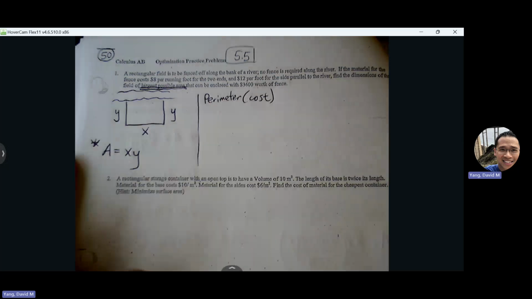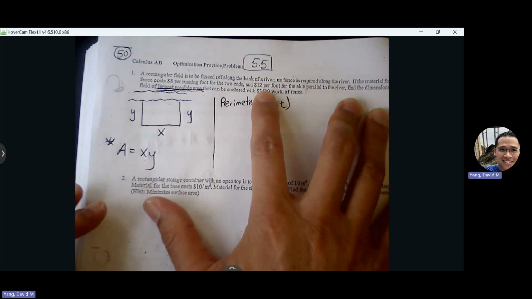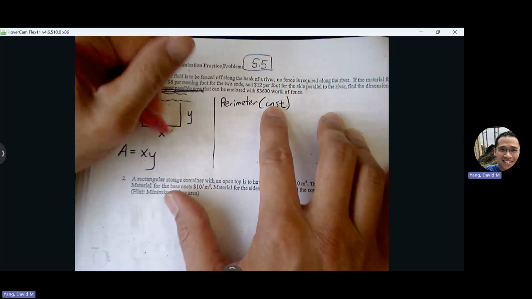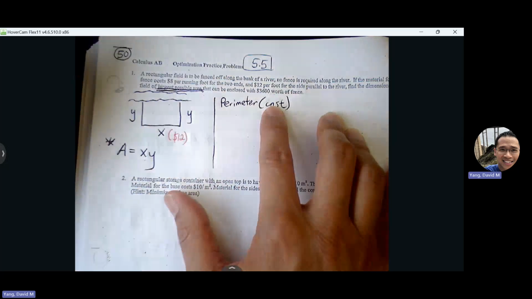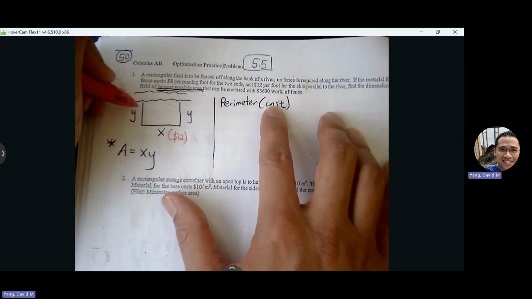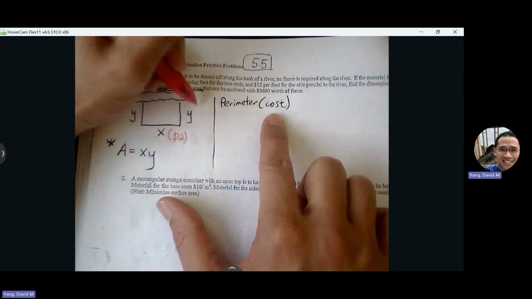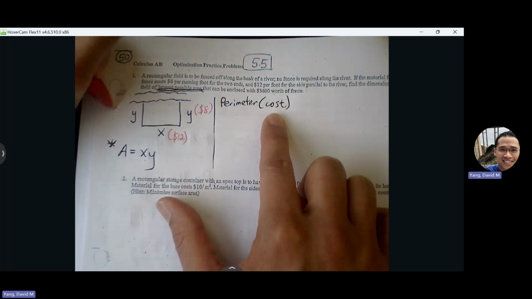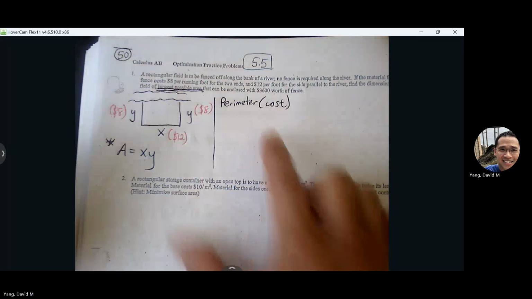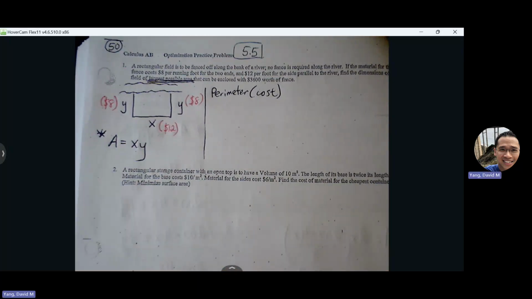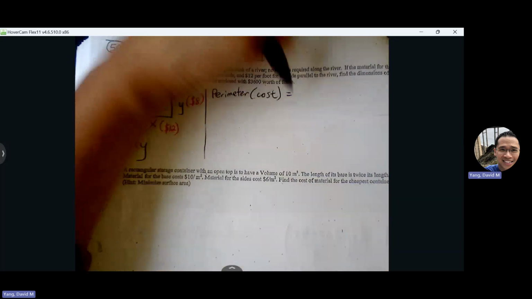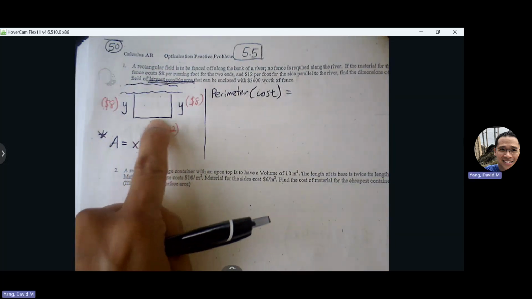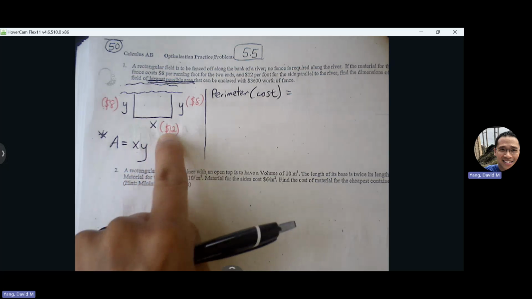Now, there's going to be a cost associated with each of the sides. So the side that is parallel is going to be more expensive. So this is going to be $12. And then the two ends are going to be cheaper material, so it's going to be $8 per foot. So for perimeter slash cost, however long this is, we're going to have to multiply by 12.